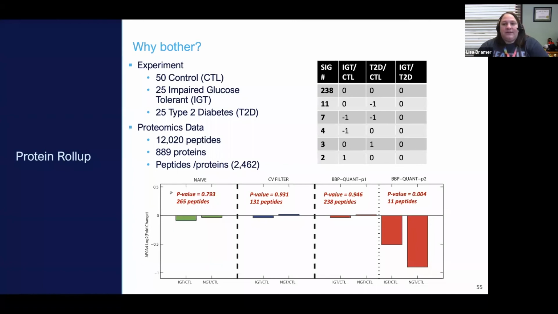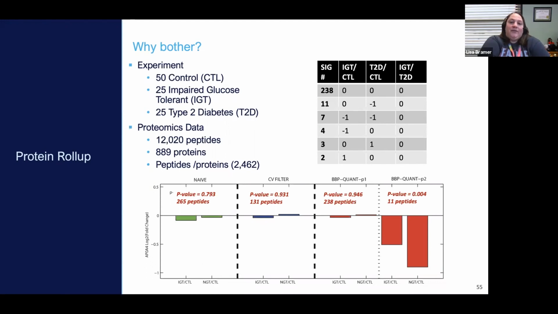This is indicative of a second proteoform for this protein. If you ignore that, you would never find that something is actually differentially expressed using a naive roll-up or even trying to account for the most variable peptides.